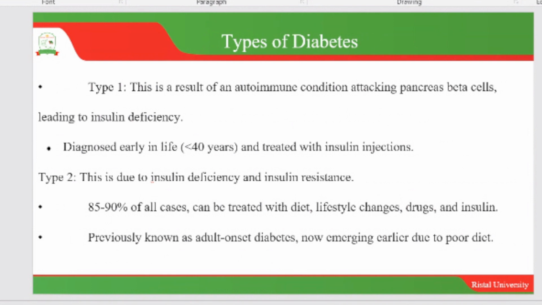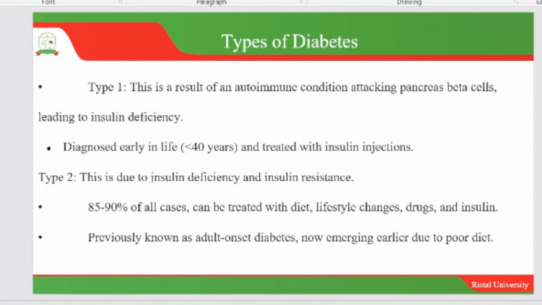Then we have type 2. This is due to insulin deficiency and insulin resistance. So type 2 is as a result of the insulin being produced in lesser amount, or the insulin is produced but the cells are resistant to it, so it cannot be taken up.